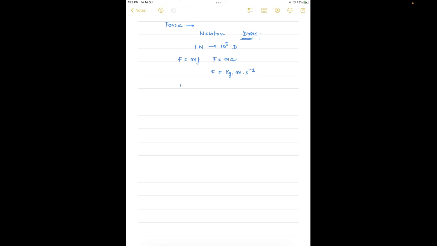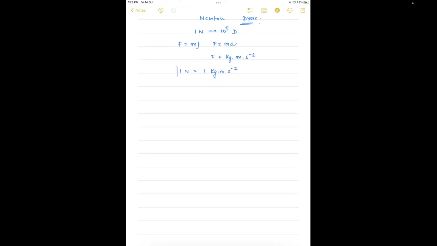So 1 Newton means 1 kg meter second minus 2. This is the representation of 1 Newton in SI unit. Similarly in CGS unit, 1 dyne will be equal to 1 gram centimeter second minus 2.